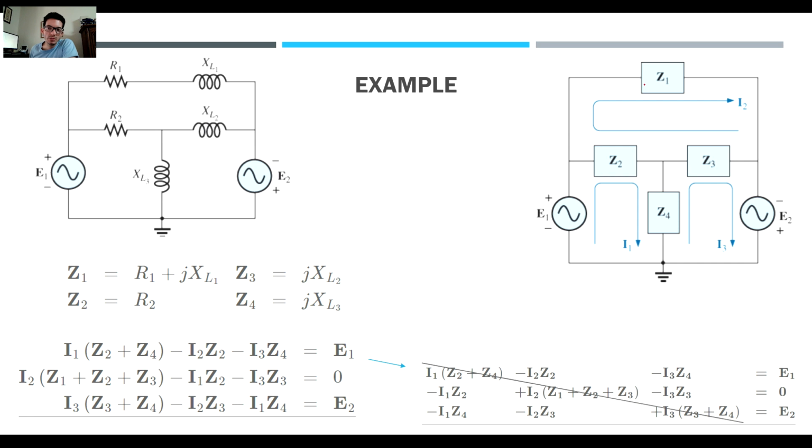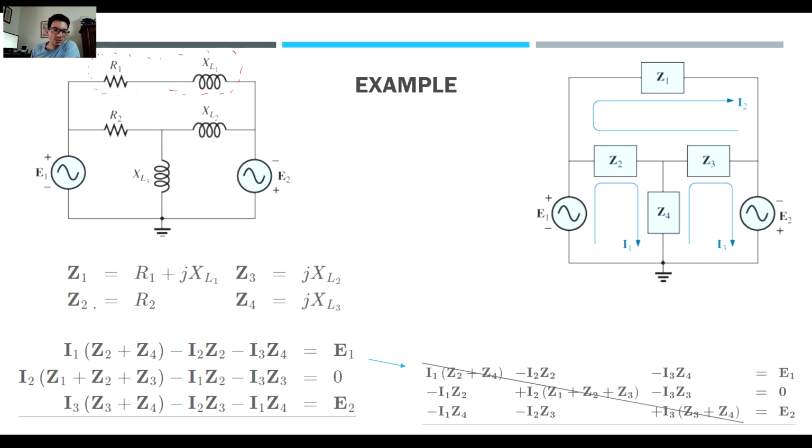So if you notice, it can be simplified as this circuit on the right, where Z1 is R1 plus the reactance due to the inductor. In other words, Z1 is this top impedance.